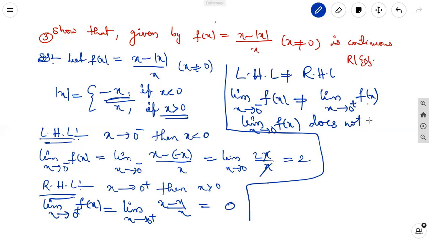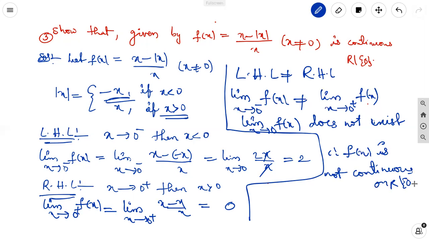The limit value does not exist. Therefore, f of x is not continuous on R such that the set {0} is subtracted from R. Okay, this is the solution.